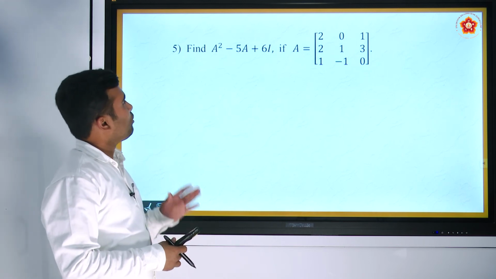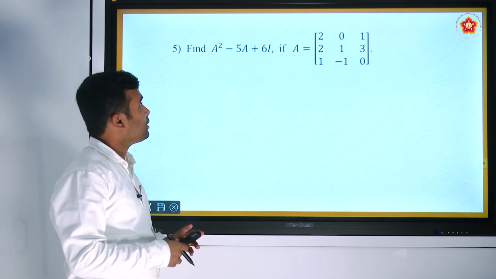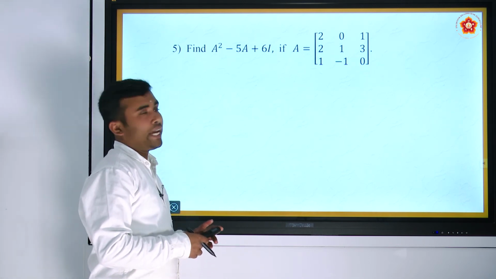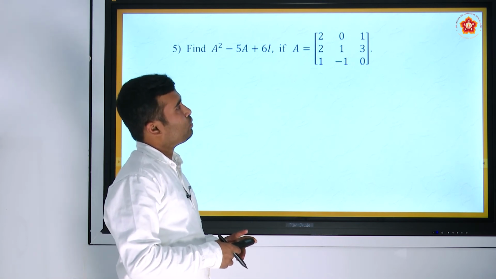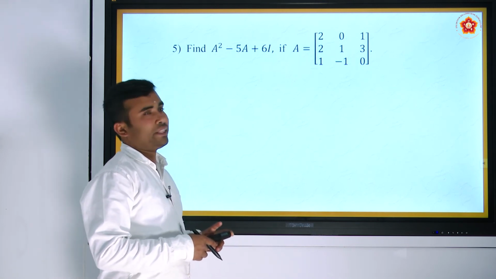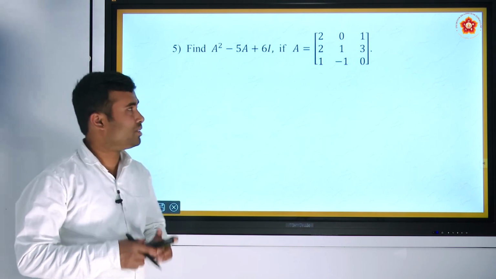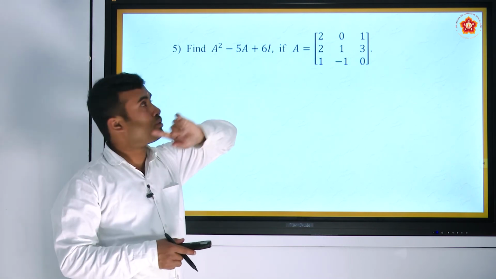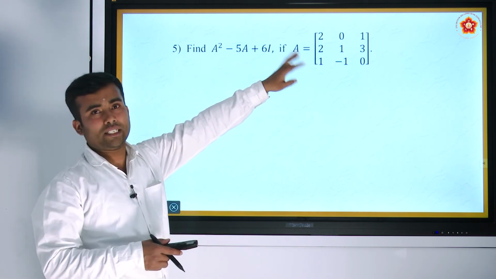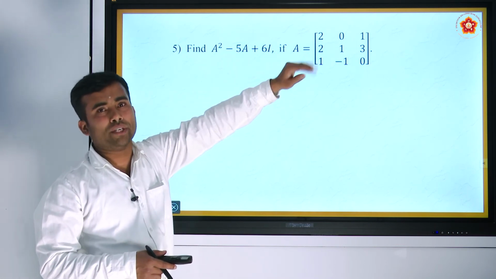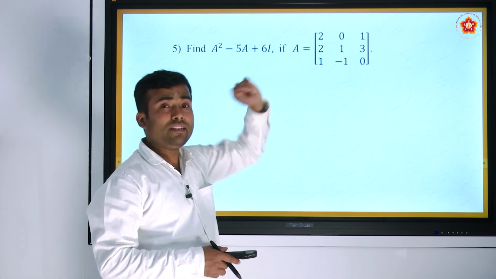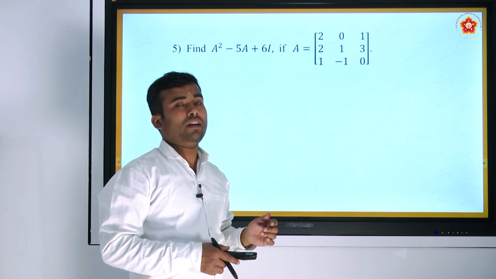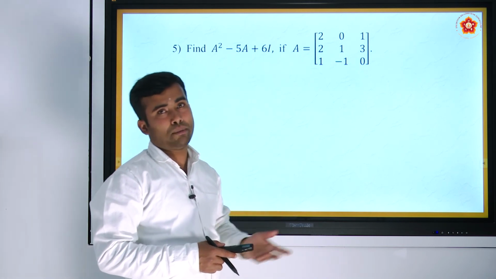So here we have to find A square minus 5A plus 6I, if A is [2, 0, 1; 2, 1, 3; 1, -1, 0]. So let us find this. Here you should know that A is a given matrix, A square is the product A into A, and I is the identity matrix of the same order.